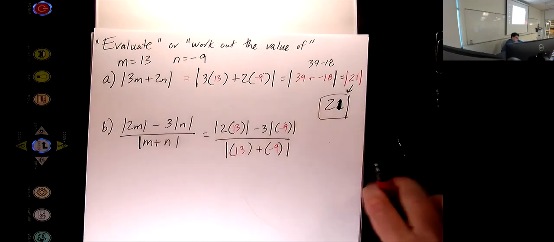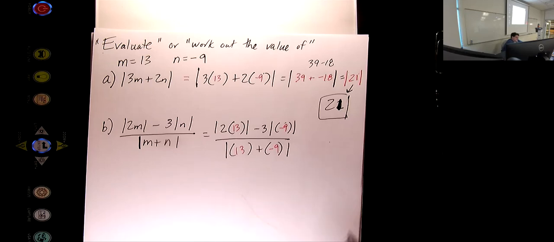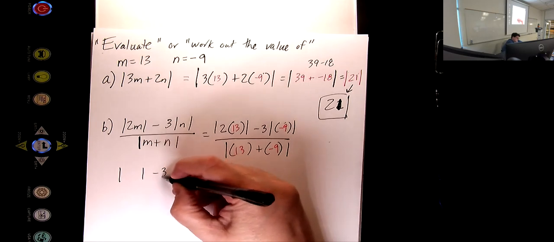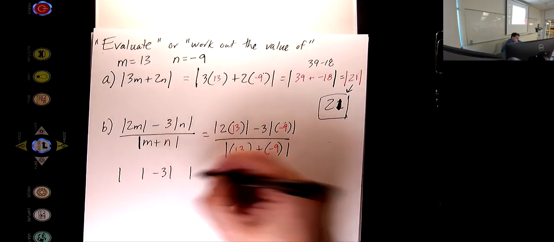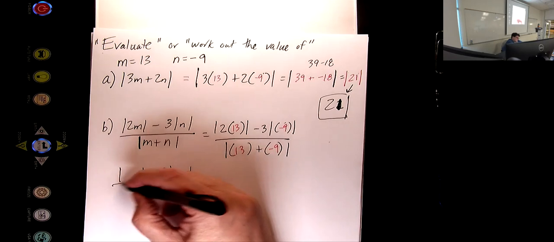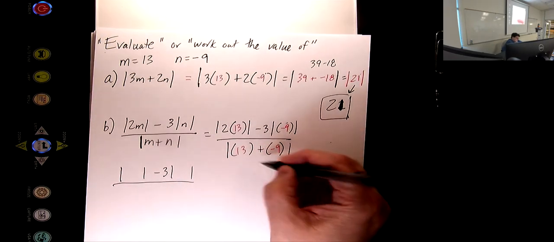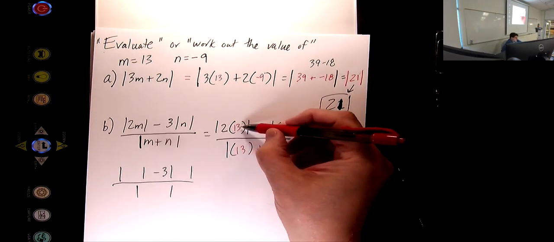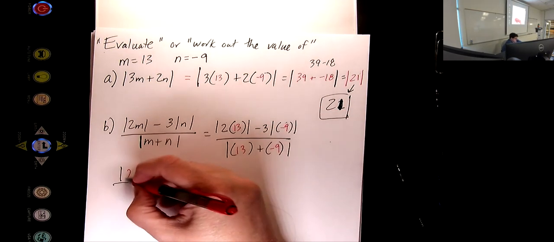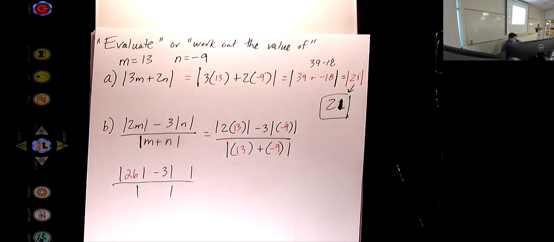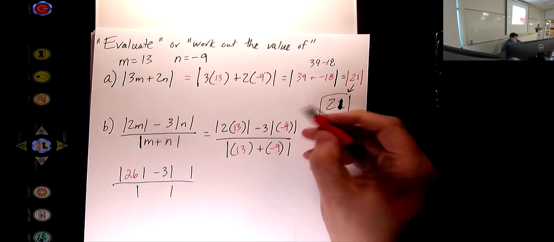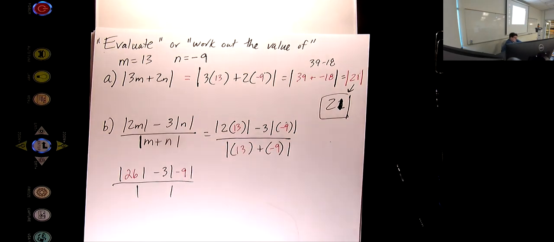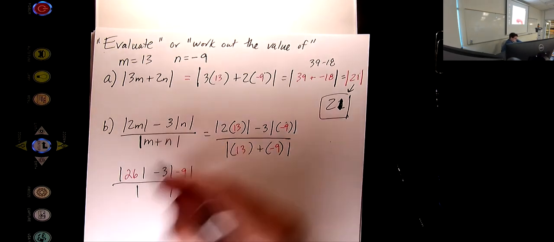So we want to take care of the operations we can inside parentheses. 2 times 13 is 26. The -9 doesn't change, and since I haven't addressed the absolute value sign, we're just gonna leave it. 13 plus -9 is +4.